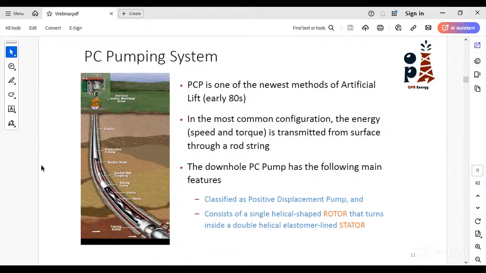And of course, it is not highly affected by the differential pressure or the total dynamic head that is applied against the pump. We see that it is much less affected by this total dynamic head, unlike the centrifugal pumps.